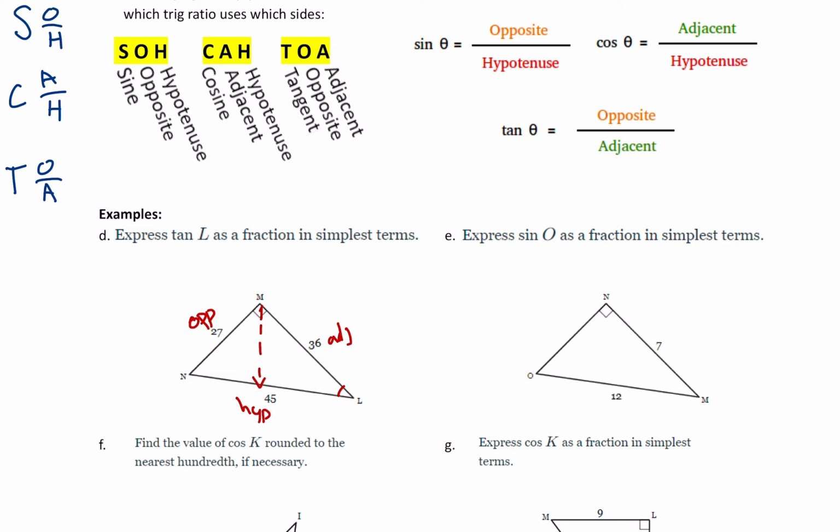So if I know I'm using tangent, then I can say that my ratio is my opposite, which I labeled as 27, over my adjacent, which I labeled as 36. Now we can simplify this to 3 over 4, and that is our final answer there. Okay? That's all we're doing today. We're making these ratios. We have to label our triangle and then make these fractions or ratios.